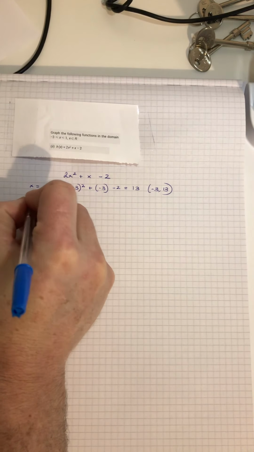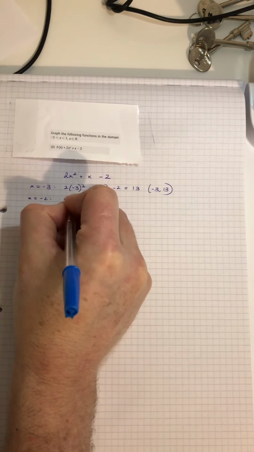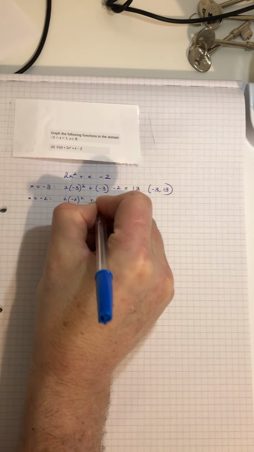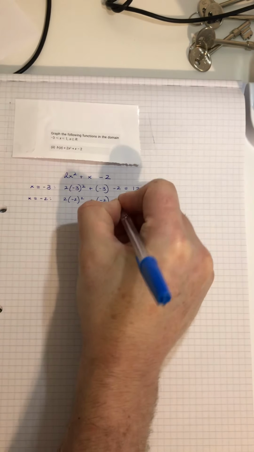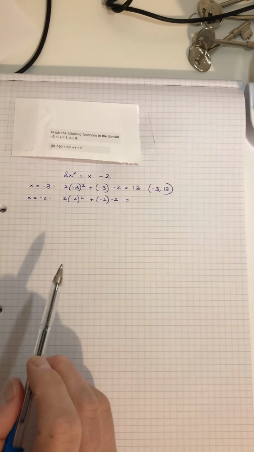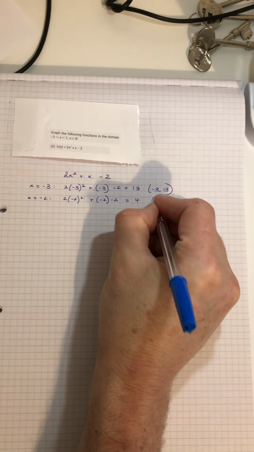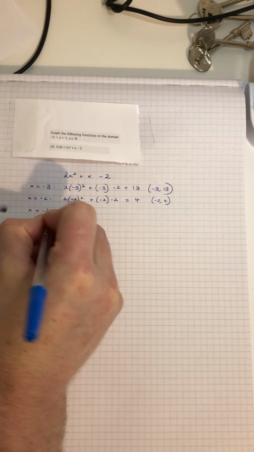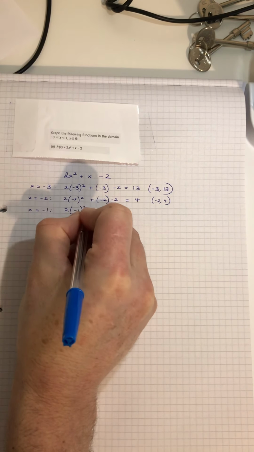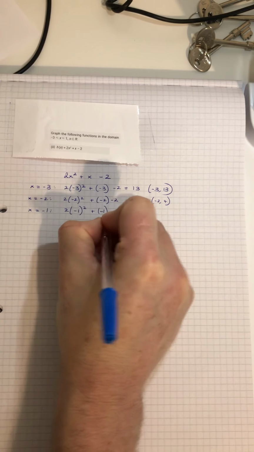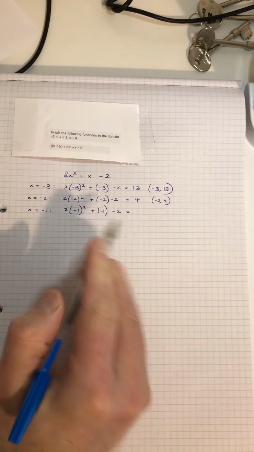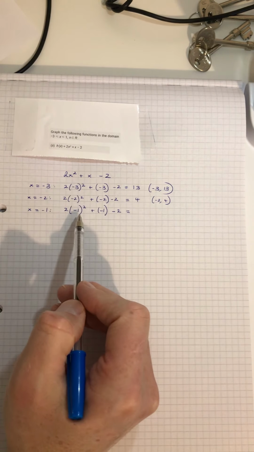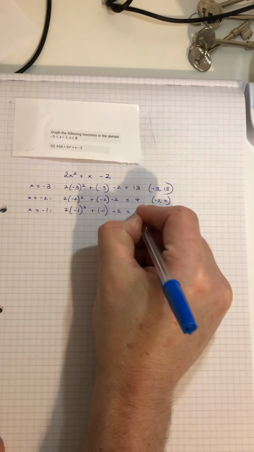When x is -2, 2 times -2 squared and -2, take 2, is equal to 4. So -2, 4. When x is -1, -1 squared, bracket -1, -2. So you're replacing x every time again, which gives you -1.